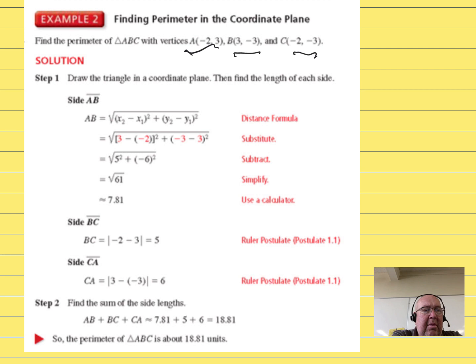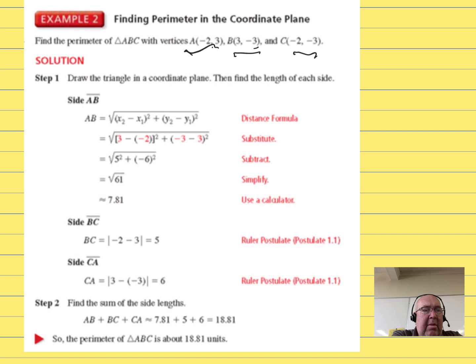So as long as there are 2 points that are the same, we can calculate the distance between those 2 points. So the middle and the last one, you see that we have a common y of -3.